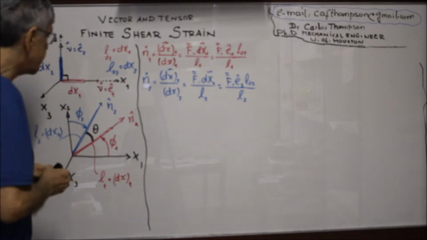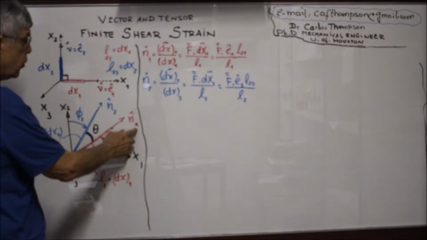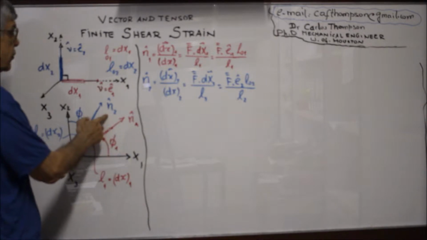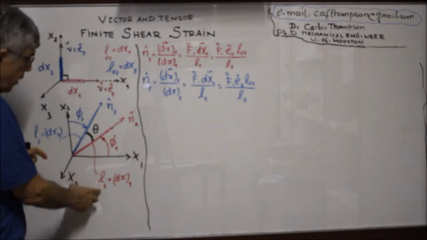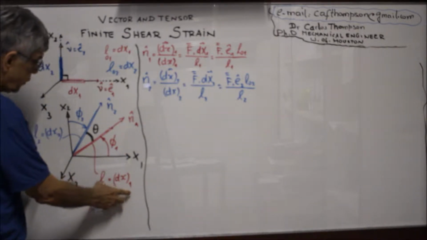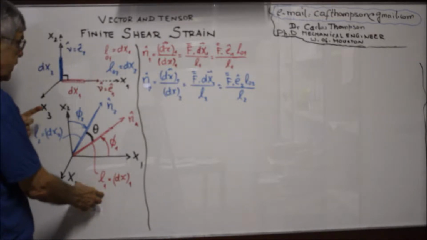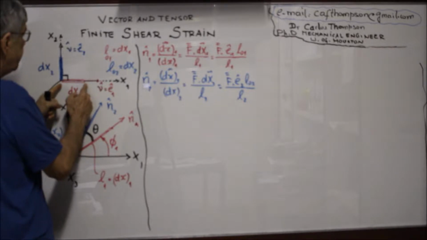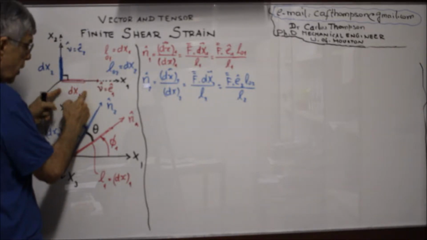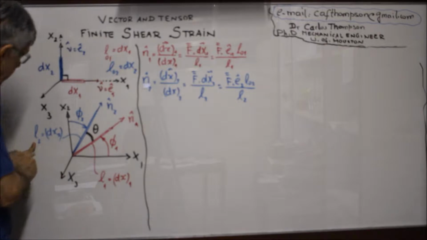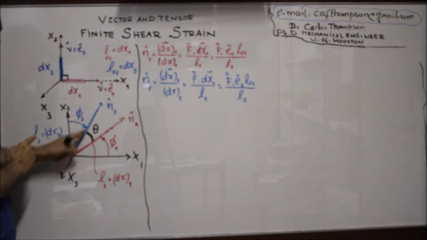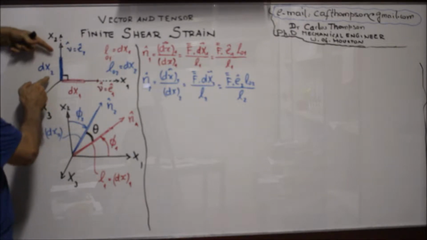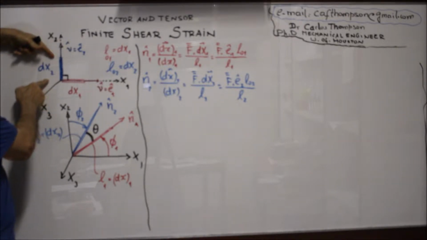Now, let's consider the unit vectors n1 and n2. L1 is the deformed line in which the initial length is dx1, and L2 is the deformed line in which the initial length was dx2.